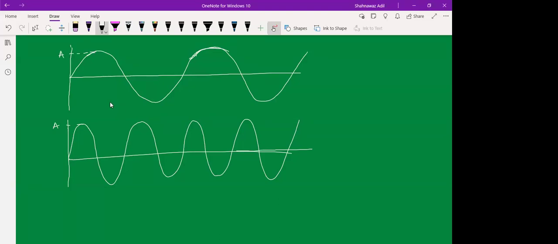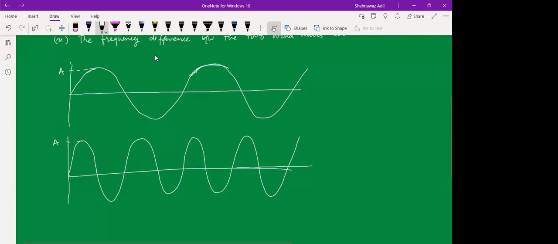Can you tell me which one has the greater wavelength? The first one has the greater wavelength. Wavelength is the distance between two crests or between two troughs.